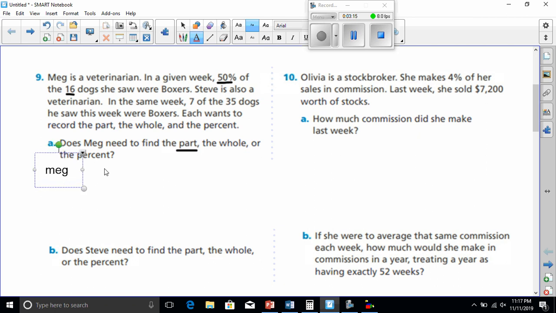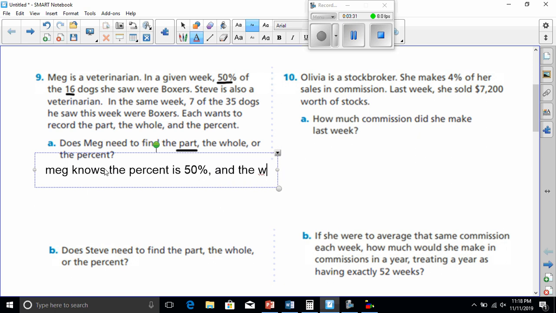Meg knows the percent is 50%, and the whole is 16 dogs.